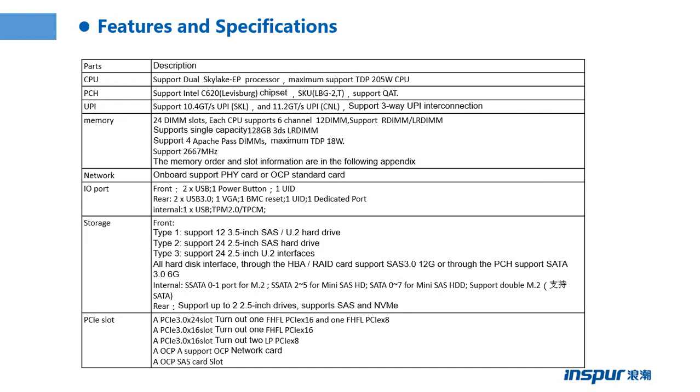This page shows the features and the specifications like CPU, PCH chipset, UPI, memory, network, I/O port, storage, PCIe slot. For example, it can support Skylake processor, maximum support TDP 205 watt CPU.